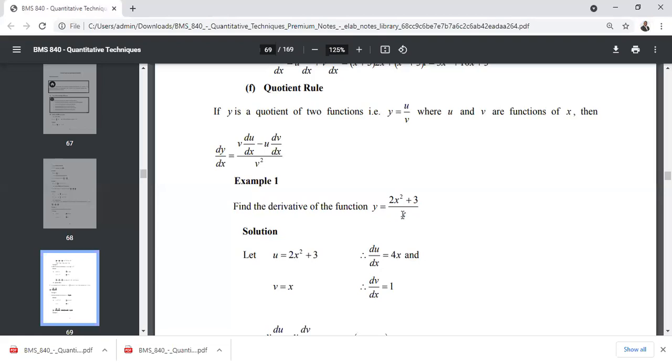Then I apply it in the formula, the way it is. So my v is x. So x will be multiplied by du over dx, which is 1, minus u, which has given us, our u is 2x squared plus 3, then multiply by dv over dx, which has given us 1.